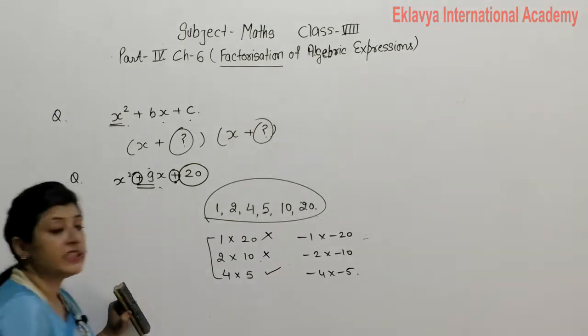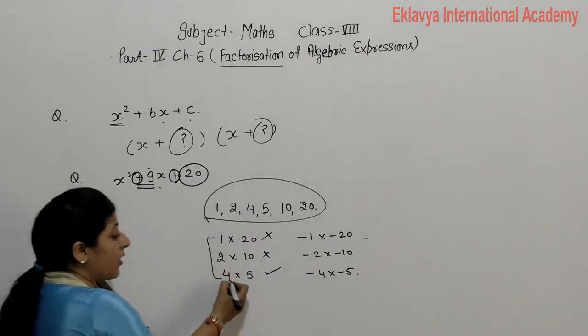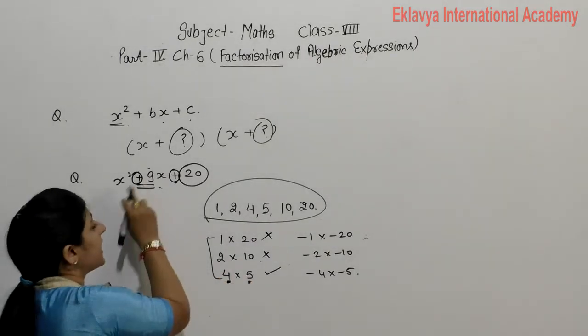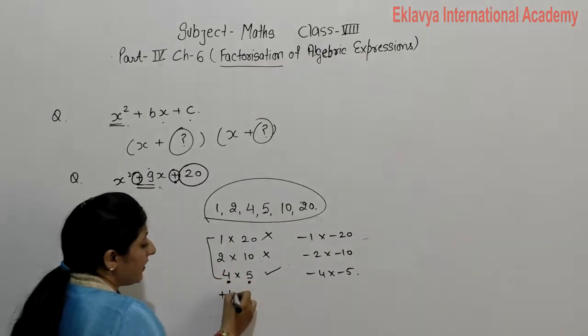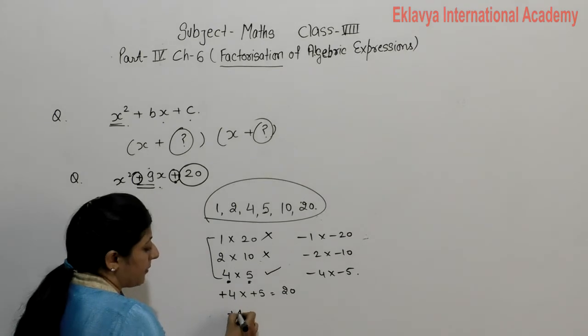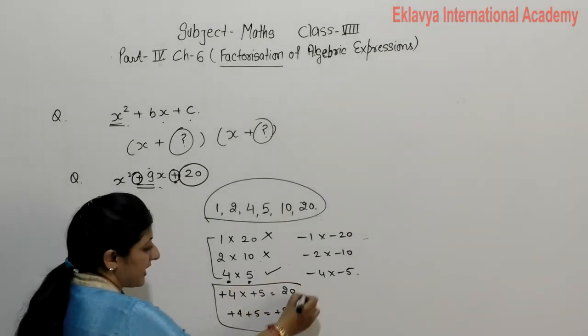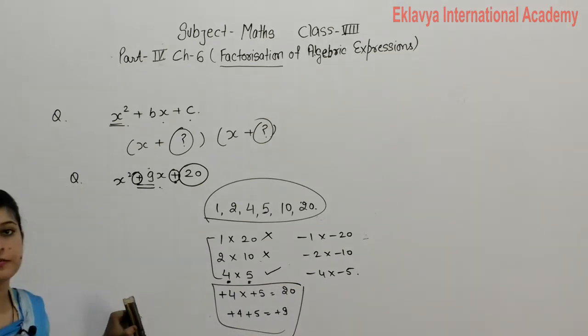It means from these two factors we can get 9. Now see, we need plus 9. It means if I take both plus, then I can get plus 20, and plus 4 plus 5 is equal to plus 9. It satisfies both conditions.